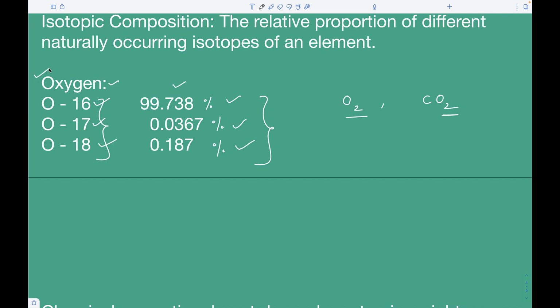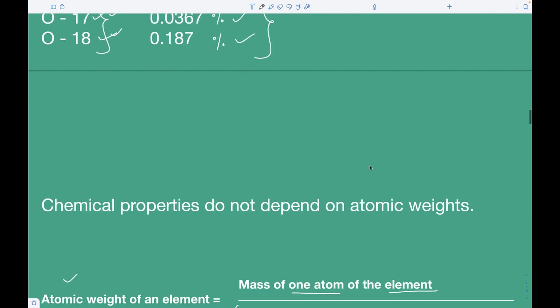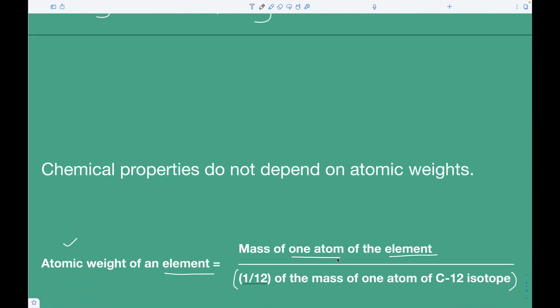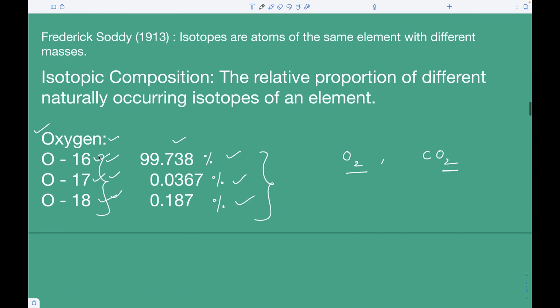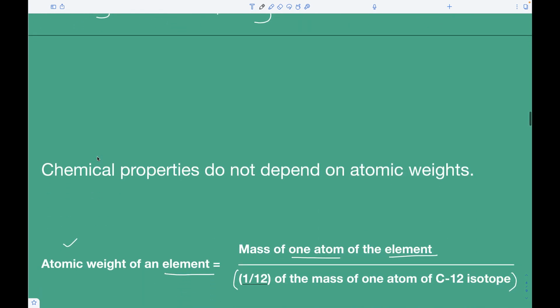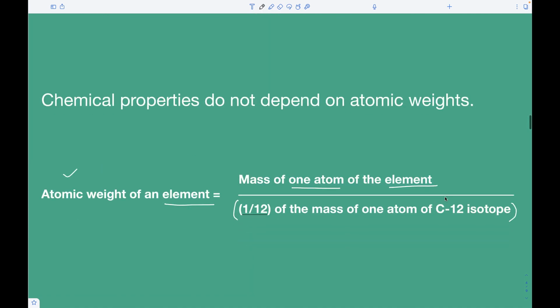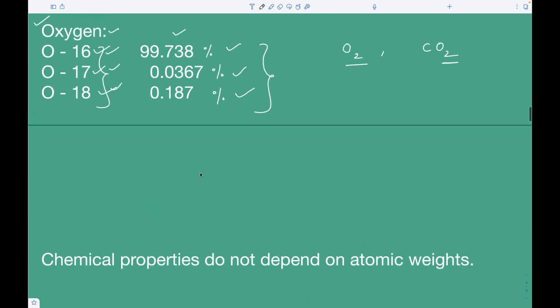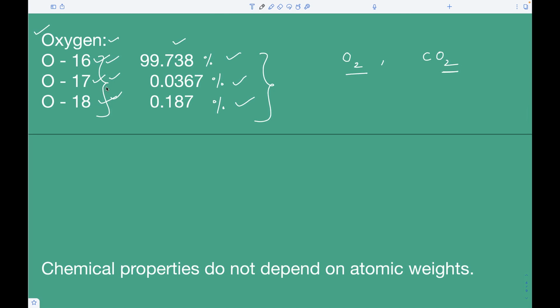If you take the case of oxygen, it has 3 different types of oxygen atoms in nature with 3 different masses. So when you say mass of one atom of oxygen, mass of which atom of oxygen? So there is some confusion with this definition after the discovery of isotopes, right?